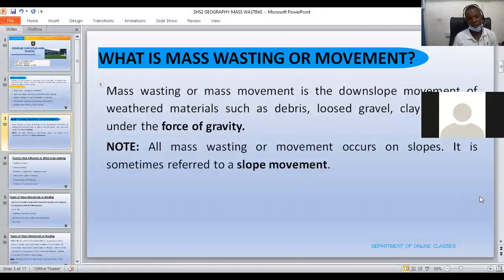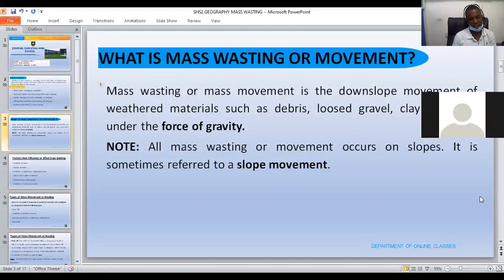Now, there is one important point you need to note here. What is this important point? We are saying that all mass wasting or mass movement occurs on slopes. And for that matter, sometimes we refer to mass movement or mass wasting as slope movement.